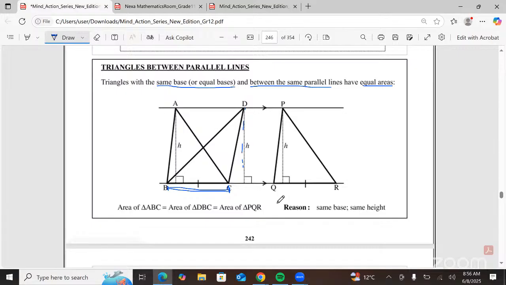Now, if it is given that BC is equal to QR, and you have these parallel lines, these two areas will be equal to the area for that other triangle PQR, because these triangles have the same base and the same height. Does this make sense, guys?